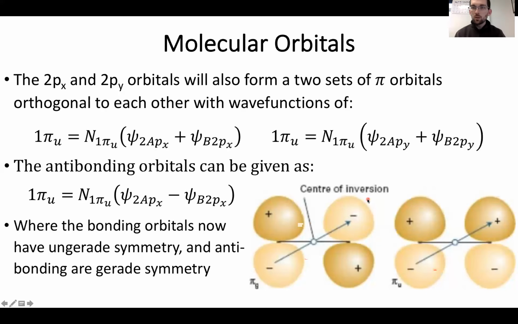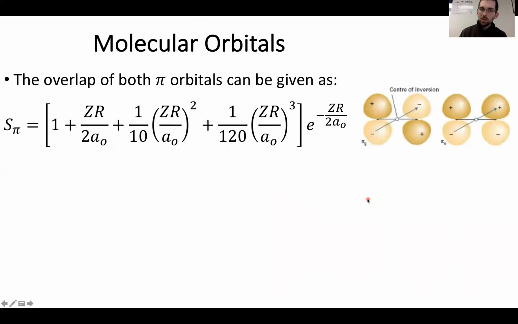So let's take a look at our overlap integral, because of course we managed to have a pre-solved one for this guy too. And just like with the sigma bonds, we've made this a general form that depends on the charge of the atom and the radii of the system. And again, because I'm dealing with a second shell orbital, I'm going to have an exponential die-off with the wave function with regards to charge and radii.